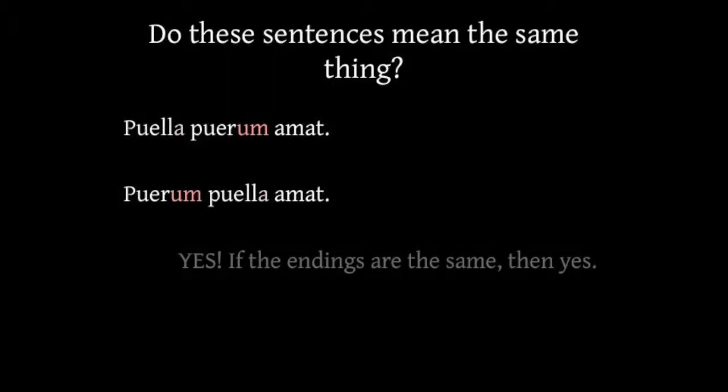The answer, of course, is yes. The endings are the same, therefore they mean the same thing. And in this case, it means the girl, puella, the subject, loves, amat, the boy, puerum. And that ending -um means it's the direct object in both sentences. But look at how Latin can be flexible with the word order.